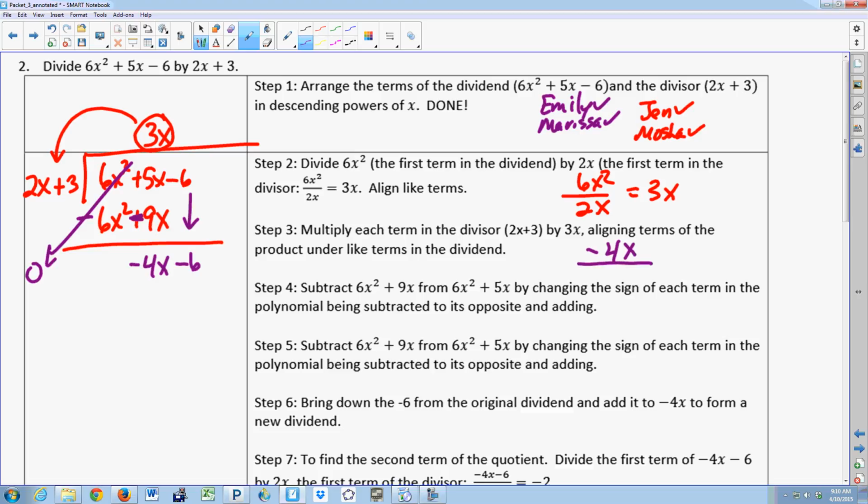Negative 4x, the whole thing? I think we just have to deal with one term at a time, or else it's really going to be hard. So we really just look at the biggest place value here with the biggest place value here. So negative 4x divided by positive 2x gives me negative 2. So I write up here negative 2.